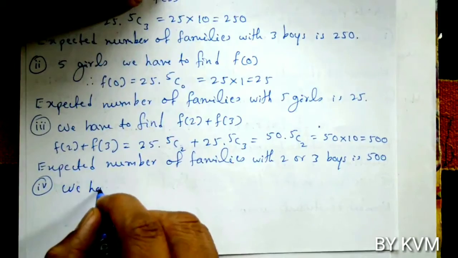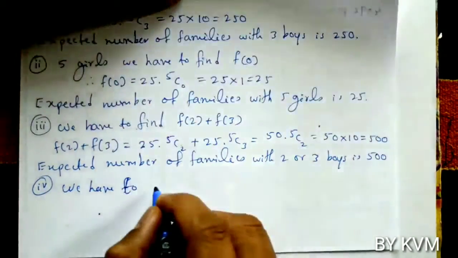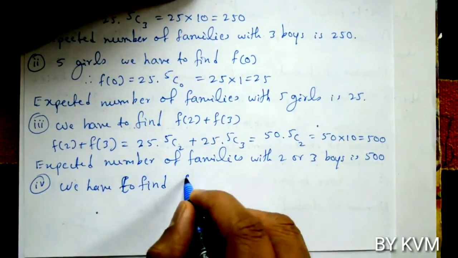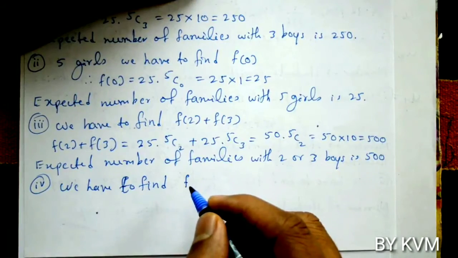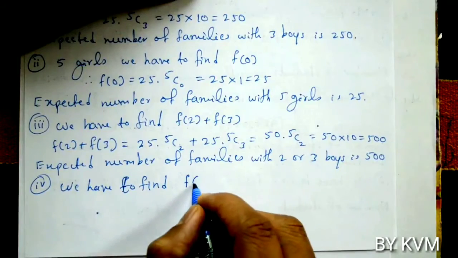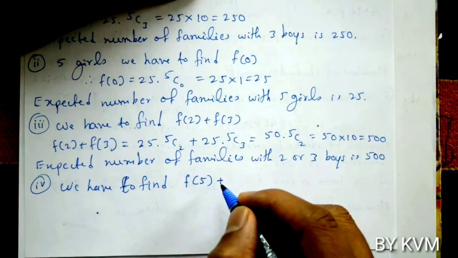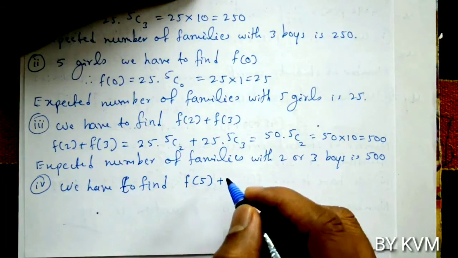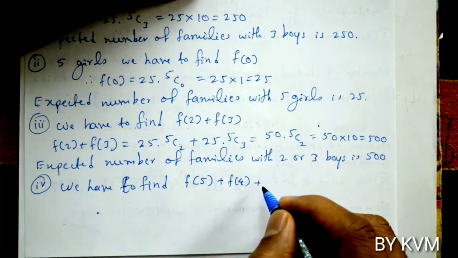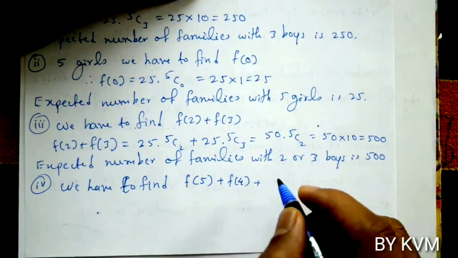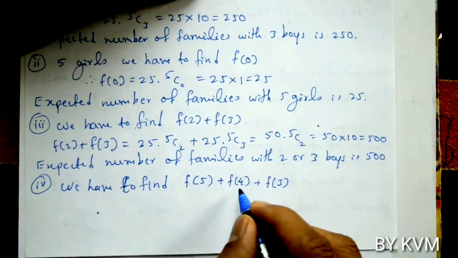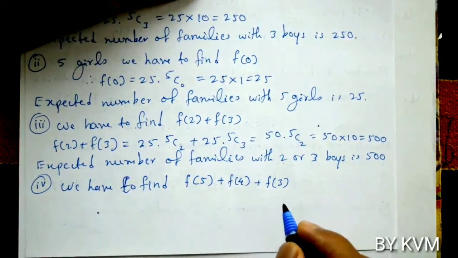Now, fourth case, we have to find f of 5 plus f of 4 plus f of 3. Here we have to find at most 2 girls, at most 2 girls means maximum 2.